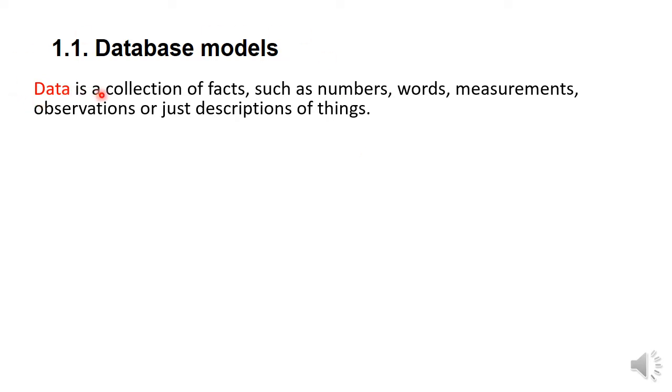Data refers to a collection of facts such as numbers like 5, 10 and so on, words or just letters, either uppercase or lowercase, and symbols which are used when someone is writing a text for the purpose of describing something, just a description of things.